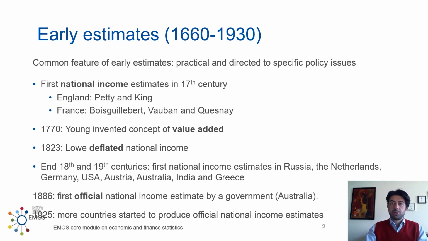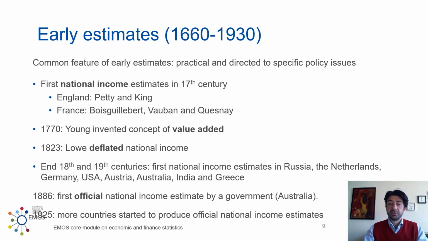These early attempts were ad hoc studies carried out by individual scholars and focusing on specific issues. Nevertheless, they were quite remarkable and introduced elements that are still used until now.